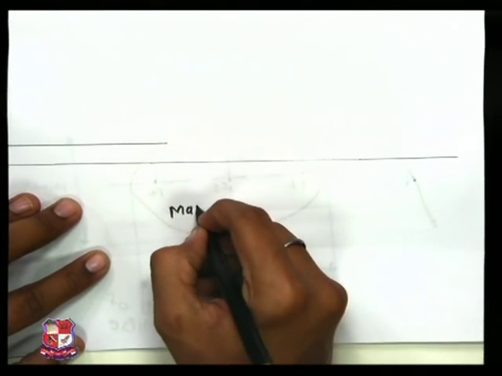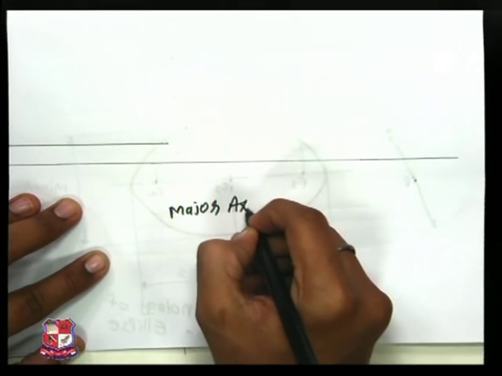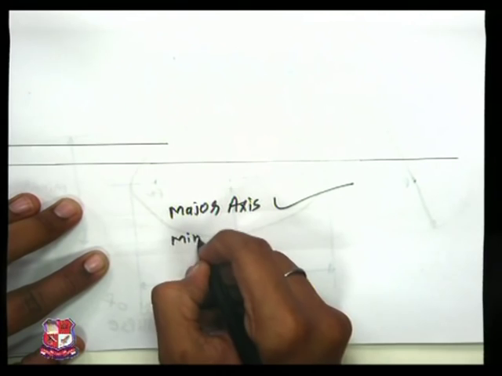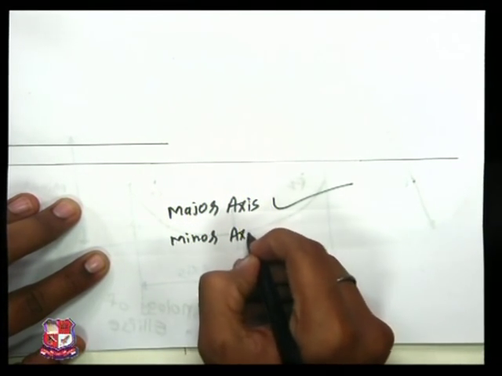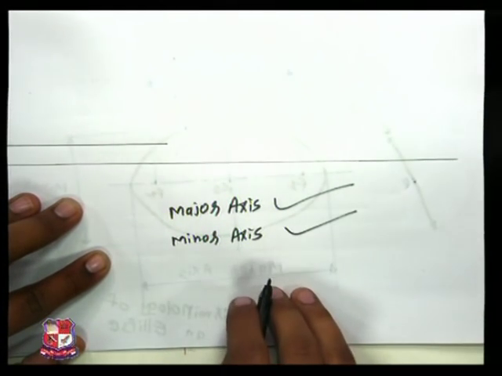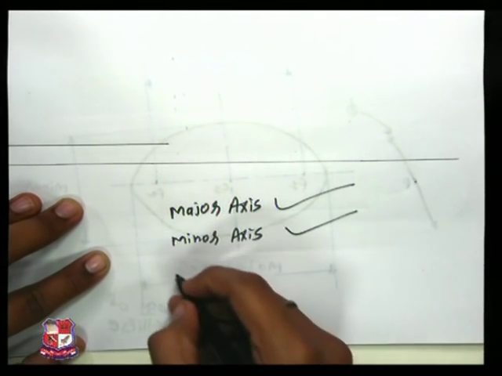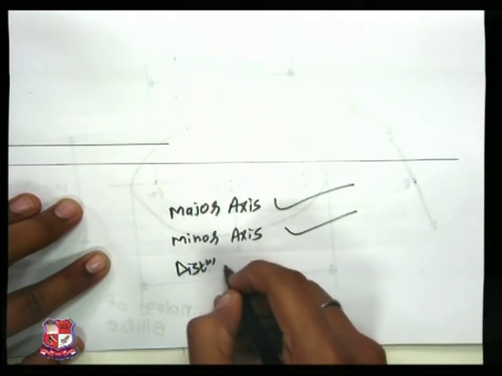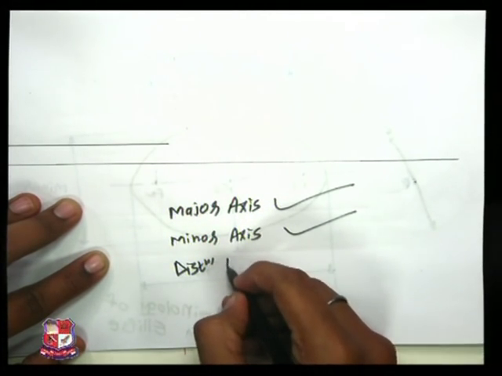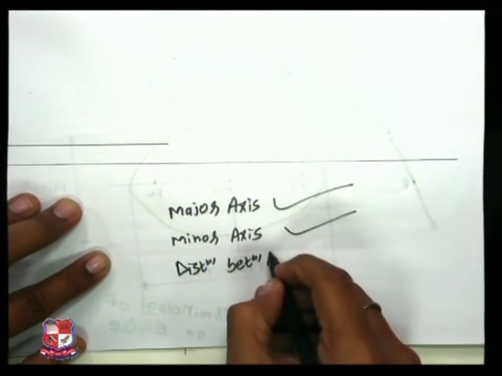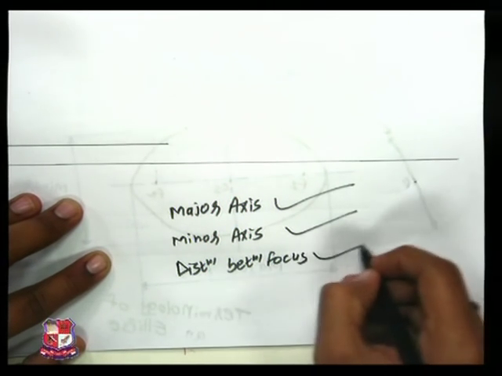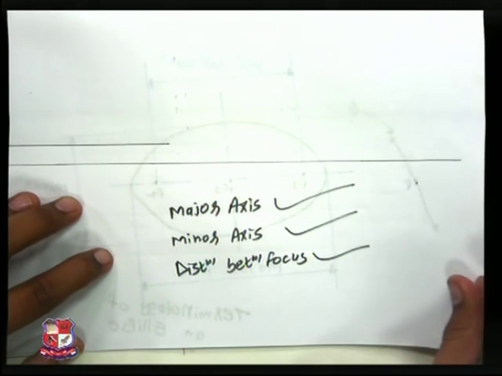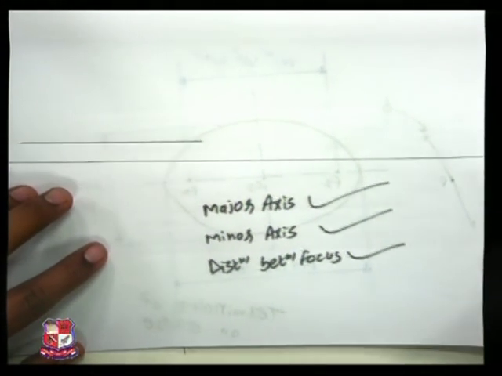We will require major axis and minor axis. These are the must. Optional would be distance between focus points. If we are having these three, we can easily obtain an ellipse.